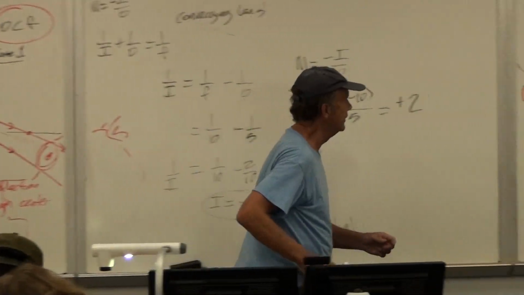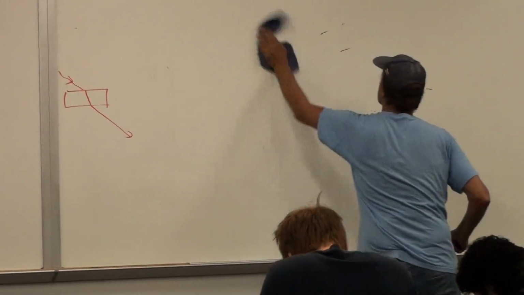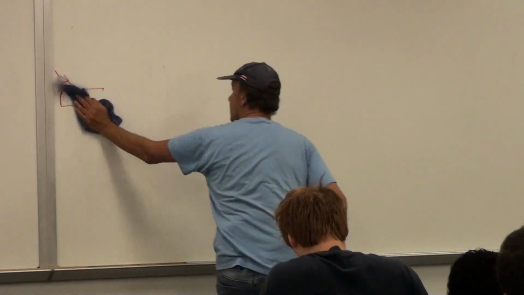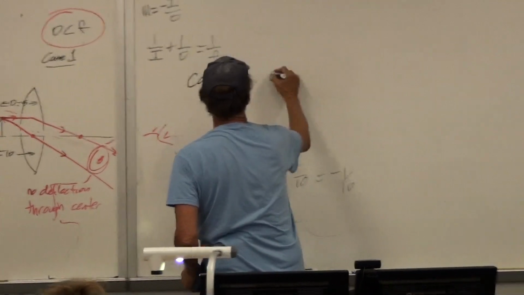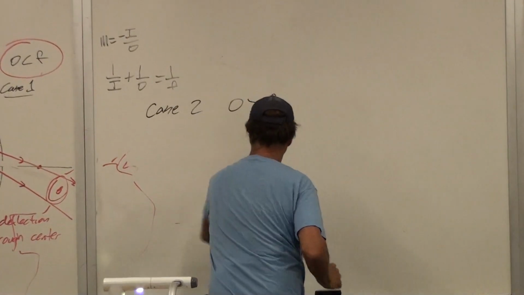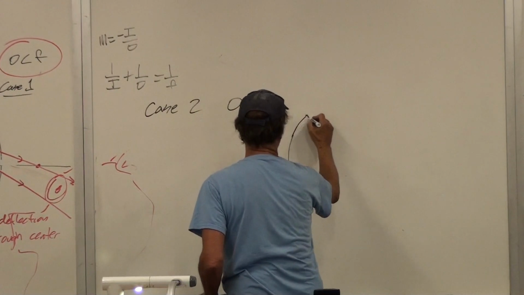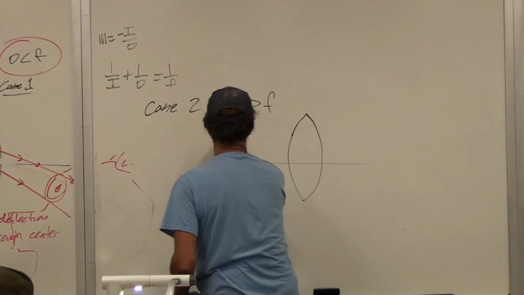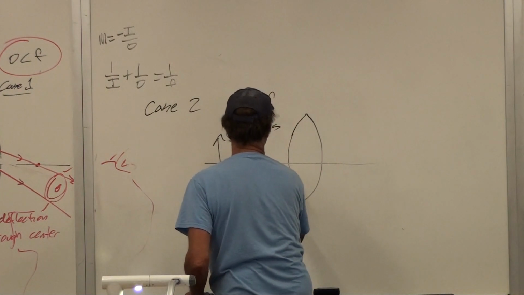Okay, so let's do that over here. Call this again case 2, where O is greater than F. Let's put the object distance at 15 and the focal length at 10.